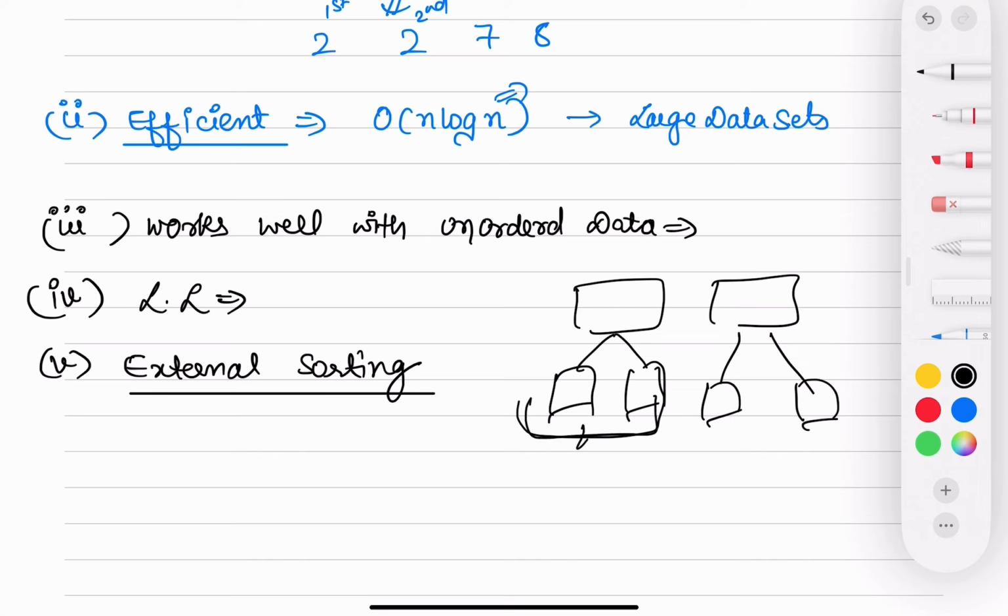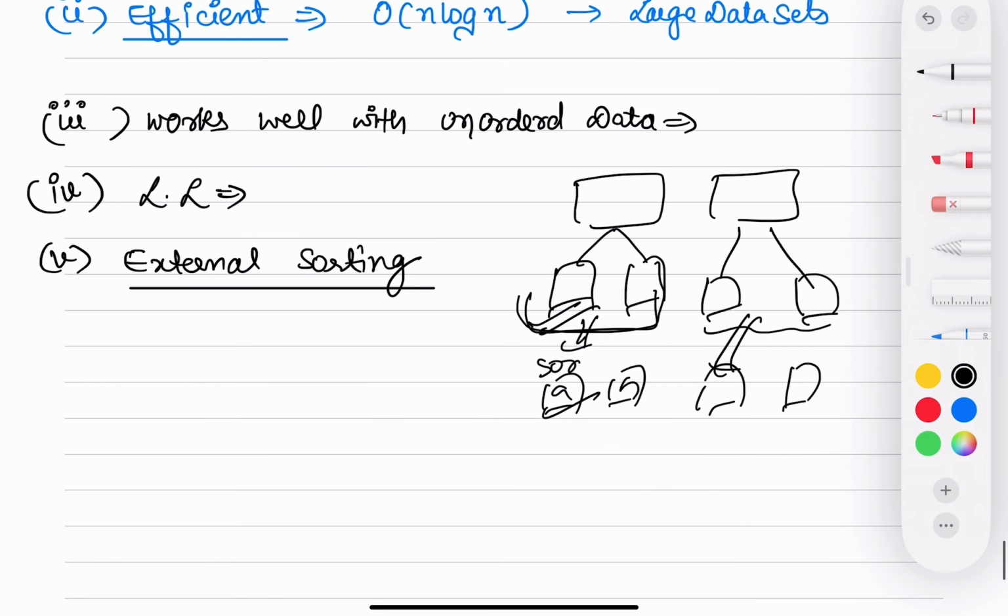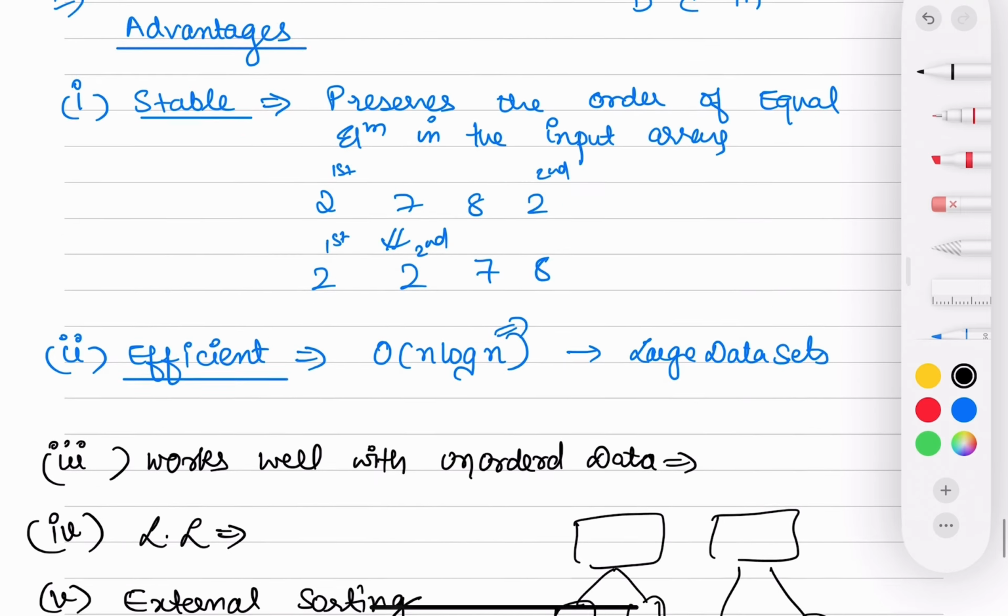I will take these, sort them, A and B. When these are cleared, I will take these two, and I have C and D. And then when I have space, I will take A, B, C, D all together. That is why it efficiently handles disk-based storage. So these are some of the advantages.